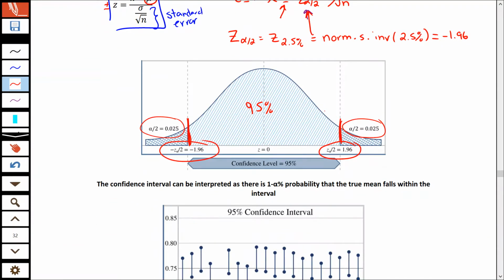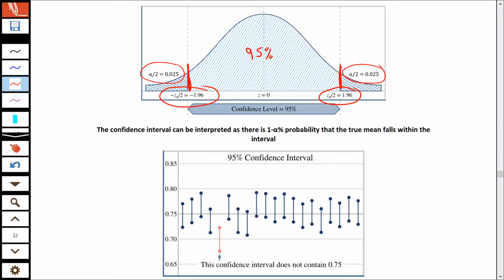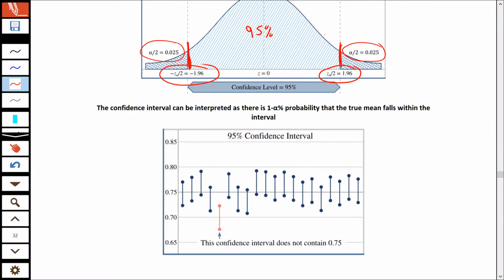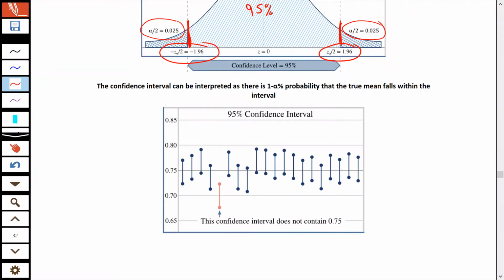Just to wrap our heads around this whole 95% confidence, the idea is that we are going to start with X bar, whatever X bar might be, okay? Then we estimate the max and the min. And whatever the real mean is, that mean is still the true mean. Let's say that mean is, as per this diagram, 0.75.